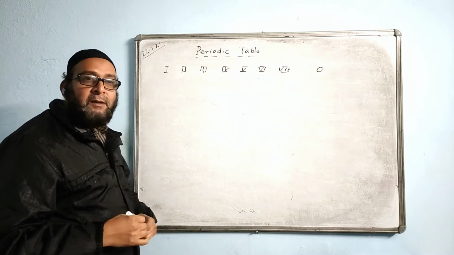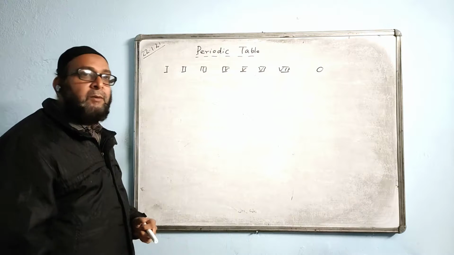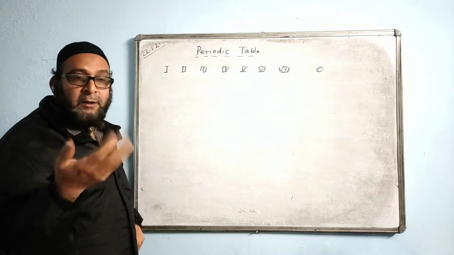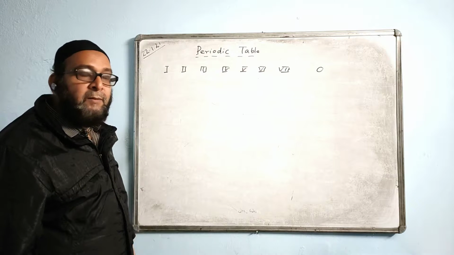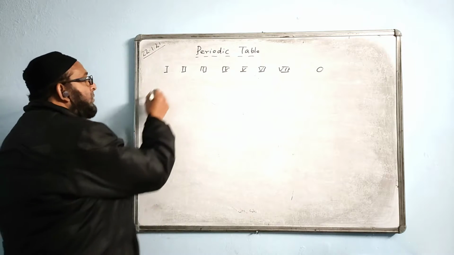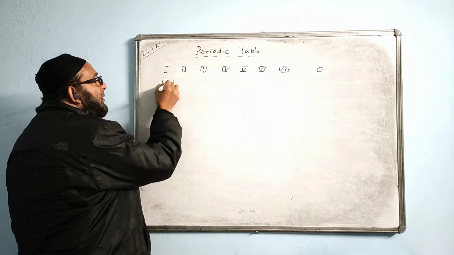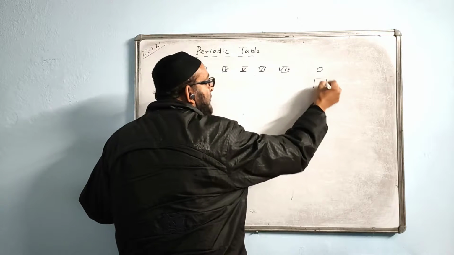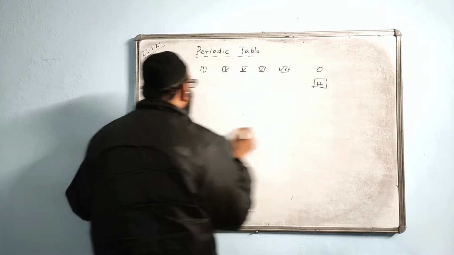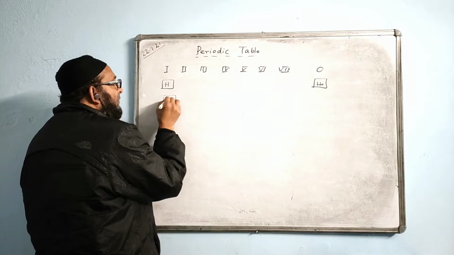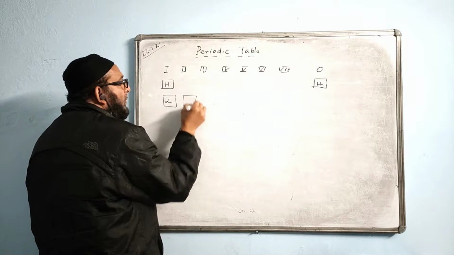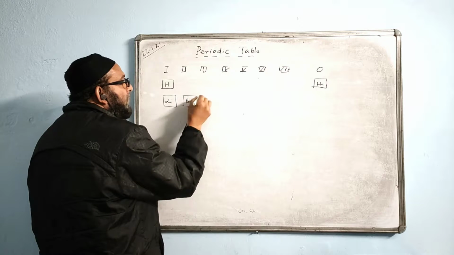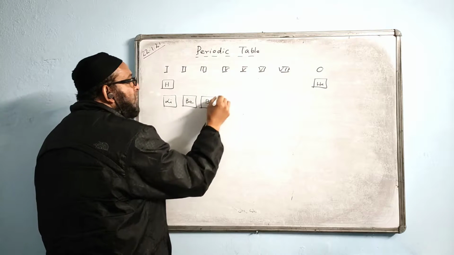We have to deal with only these groups. Other groups are there in the periodic table, but you don't have to deal with them because they all come beyond period 3, and questions beyond period 3 will not come. So here we have hydrogen and helium. Group 0 is a group of inert gases. Then we have lithium, beryllium, boron. I think you should know this by heart.